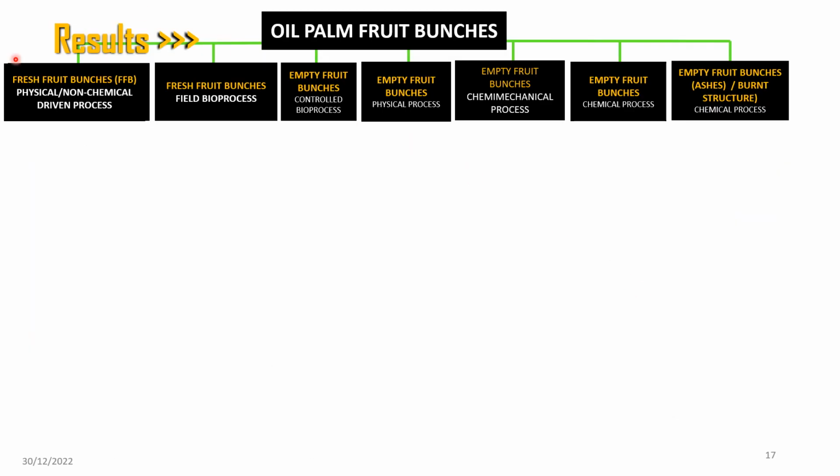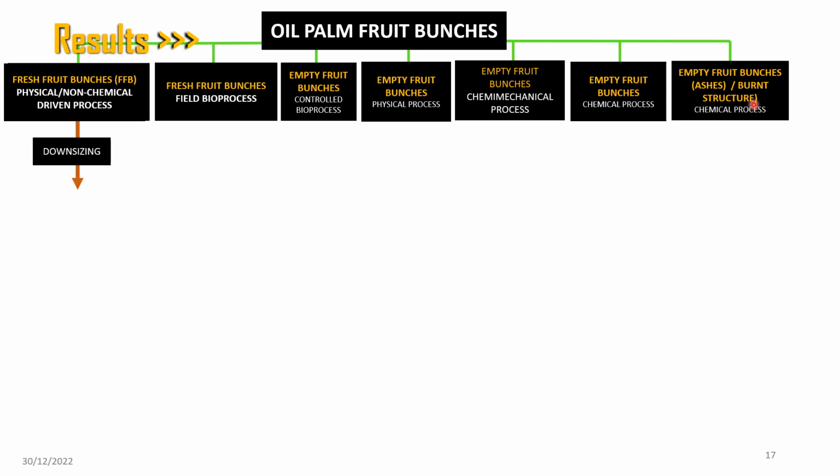Alright, and this is the form of fruit bunch biomass, starting with the fresh fruit bunch on the left to empty fruit bunch ash on the far right.